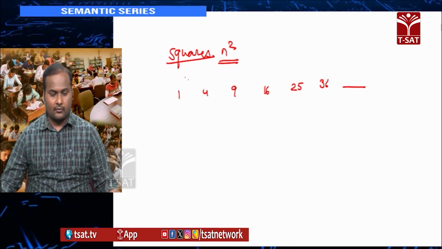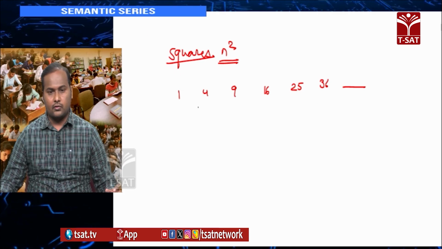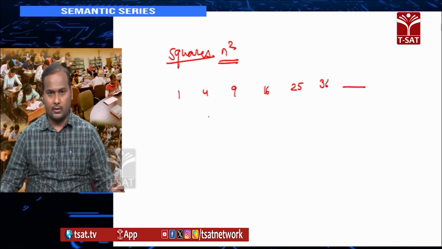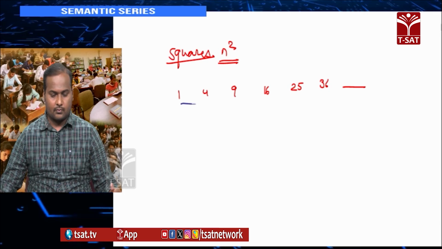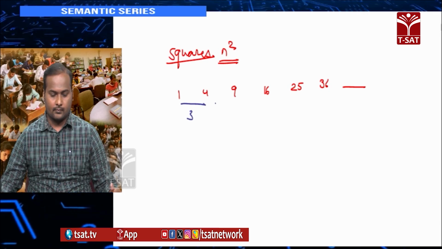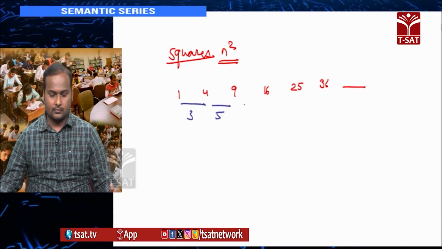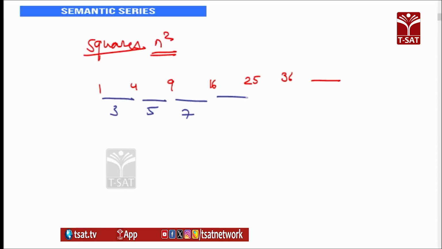Or the other way to solve this question is, if you take the difference, then also we will get the answer. For example, here the difference is 3, here the difference is 5, here 7, here 9, here 11. The moment you see the difference here, it is 3, 5, 7, 9, 11, and obviously the next one will be 13. So you can observe the square pattern, or you can take the difference also.